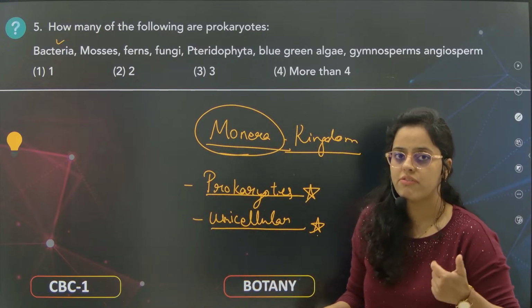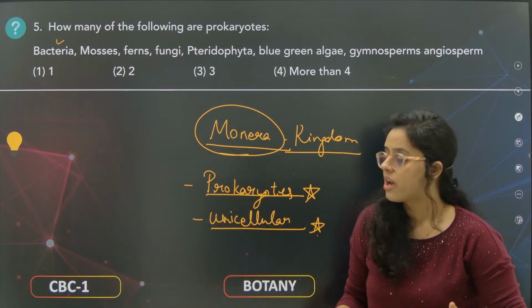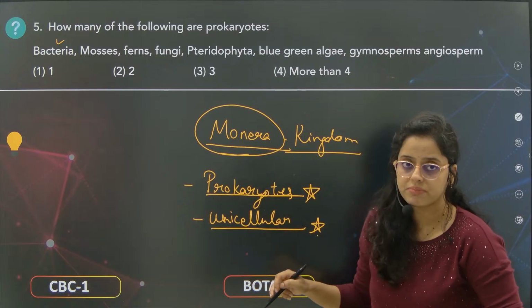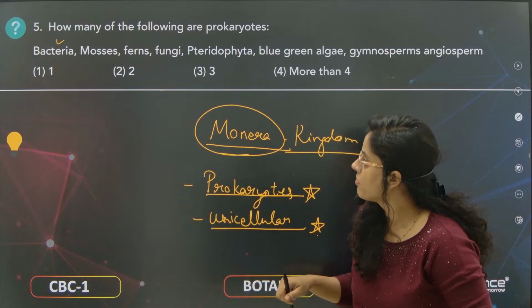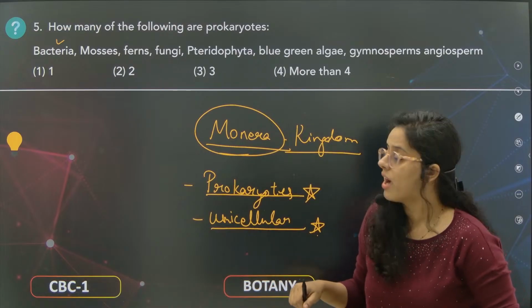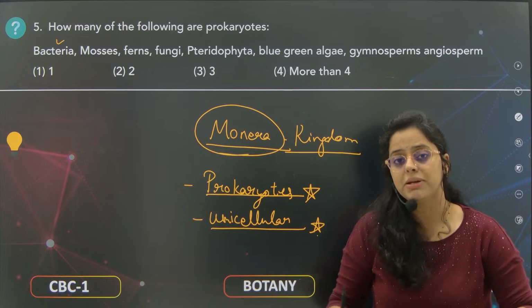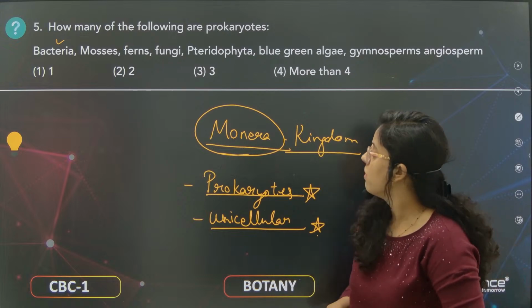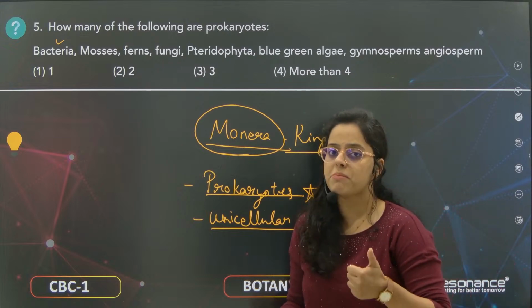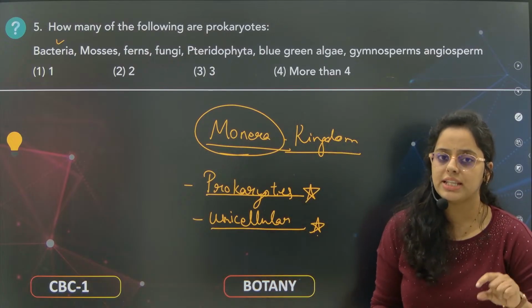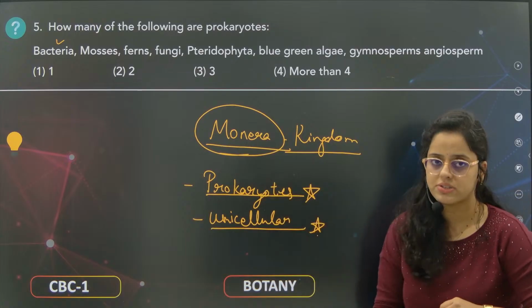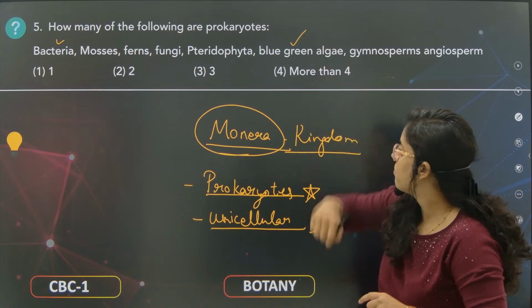Mosses, ferns, fungi, pteridophytes are not under Monera. Mosses are under bryophytes, ferns under pteridophytes, and fungi is a complete kingdom. Now blue-green algae, also called cyanobacteria, are unicellular organisms, prokaryotes. So again this is Monera.